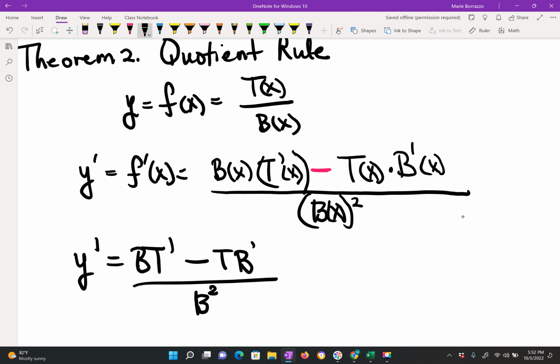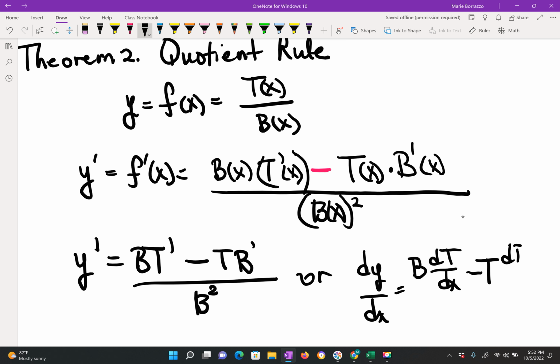Or a slightly longer derivation where you have dy over dx is equal to the denominator function times dt over dx, which is basically the derivative of the top function, minus t times db over dx, which is just simply the first function times the derivative of the denominator, and all of that over the denominator squared. Typically in Pearson, they don't even ask you to factor out the denominator, just FYI.